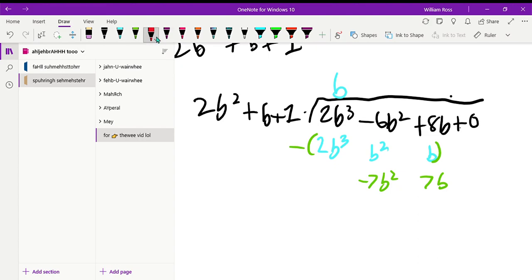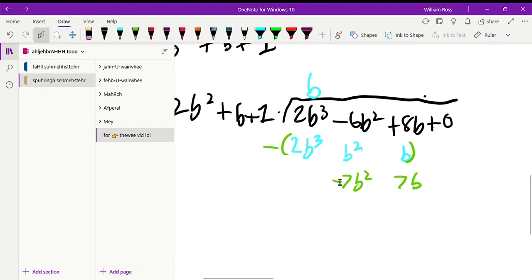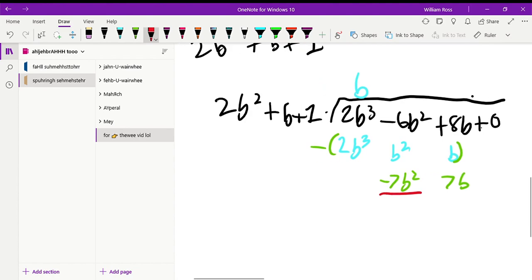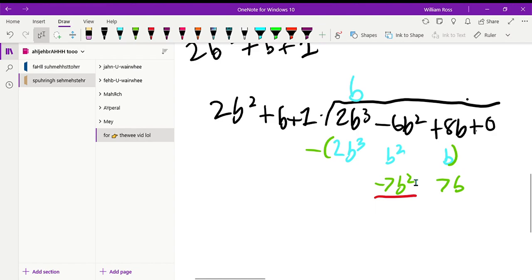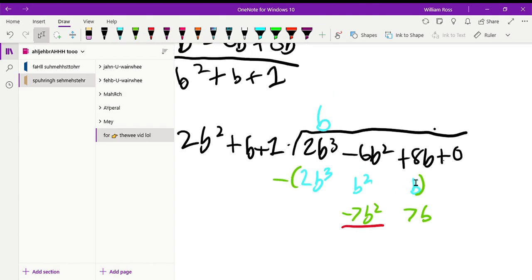Let me change that. Alright, so okay, this is how I used to do it. Alright, so 2b squared goes into negative 7b squared. Oh wait, my brain broke for a sec.